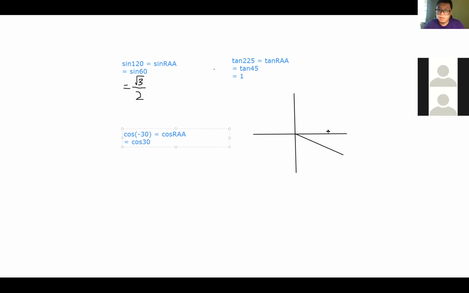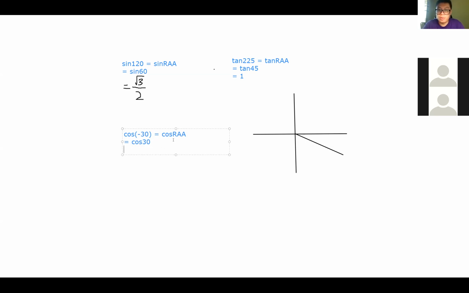So negative 30 would go clockwise instead of counterclockwise. It goes over here, and that is also the acute angle made with the x-axis. It's also 30 degrees. So we look at cosine of 30 degrees, but we also need to check if it's positive or negative. This is quadrant 4. In quadrant 4, cosine is positive, so we don't need a negative sign here, and we're good.